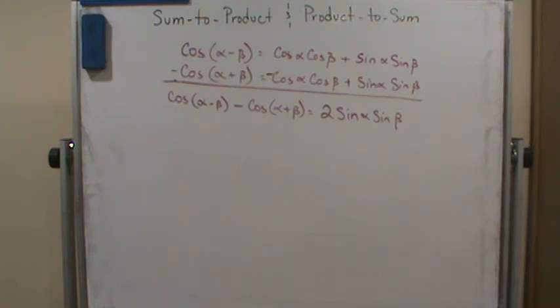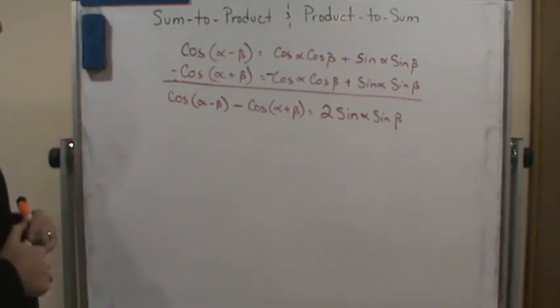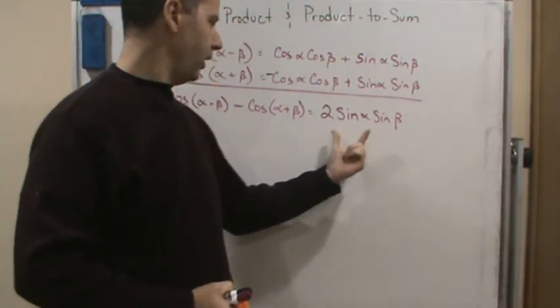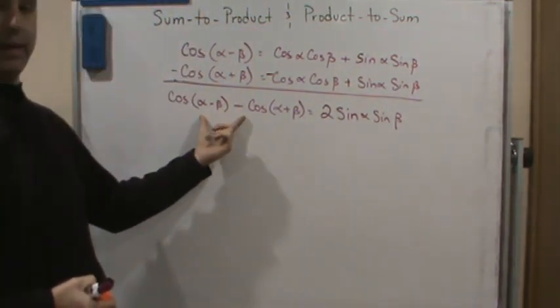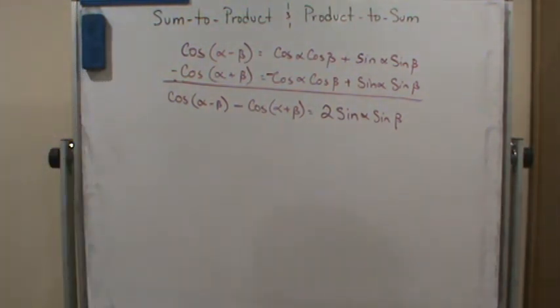Do they have another one? No, they don't. Okay, but again, it works the same way as the other ones do as well. So if you're given a product of sines, you can use this formula to rewrite it as a difference. Okay, we'll come back and we'll do more examples.